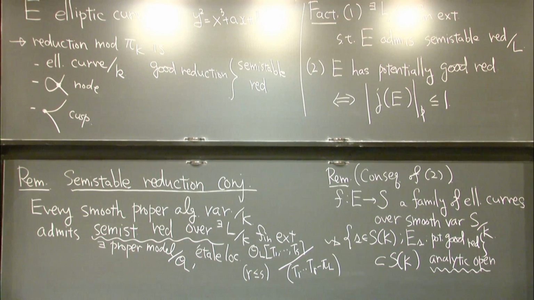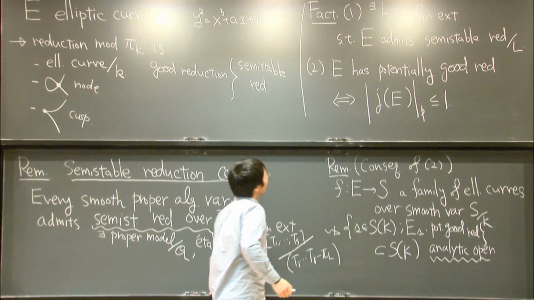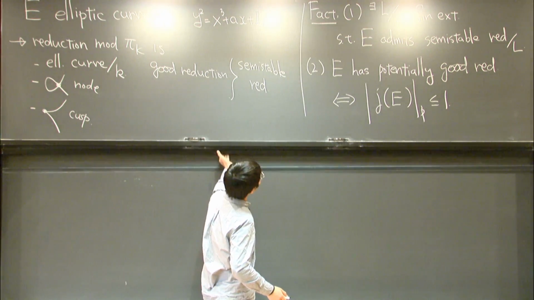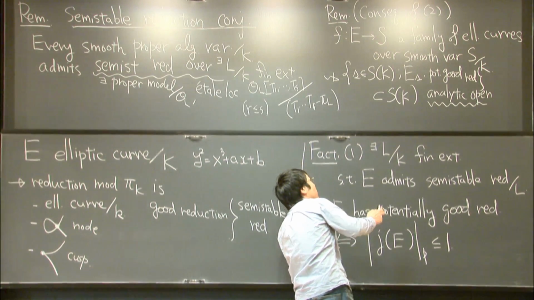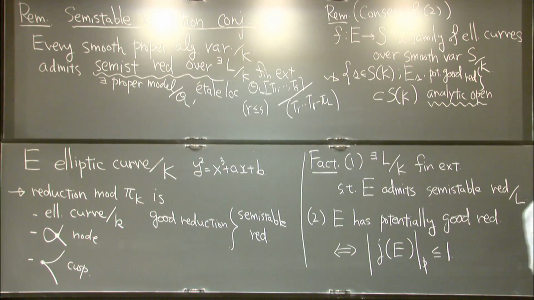So namely, having potentially good reduction is kind of an analytic open condition in this context. So these are the two remarks related to elliptic curves over a local field. And then the goal of this talk is to establish an analog or generalization of these remarks in terms of p-adic Hodge theory for local systems.